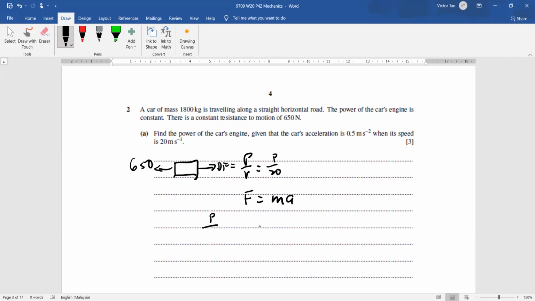Resultant force is P over 20 minus 650 equals 1800 times 0.5. P over 20 equals 1550, so P equals 31,000 watts.